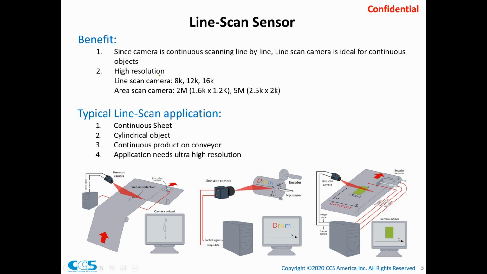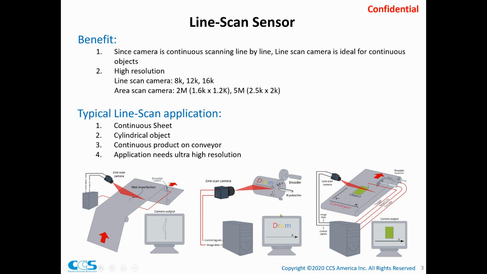These two benefits also connect to the typical applications we use line scan for. The first is the continuous sheet, like a web, transparent film, and also some paper. The other typical sample will be the cylindrical object.